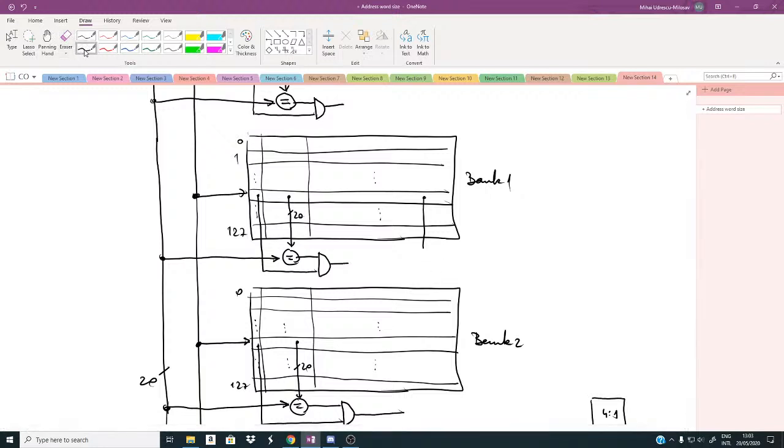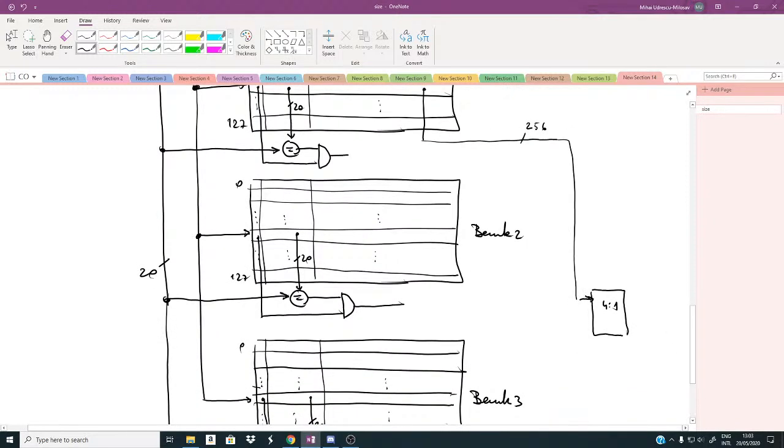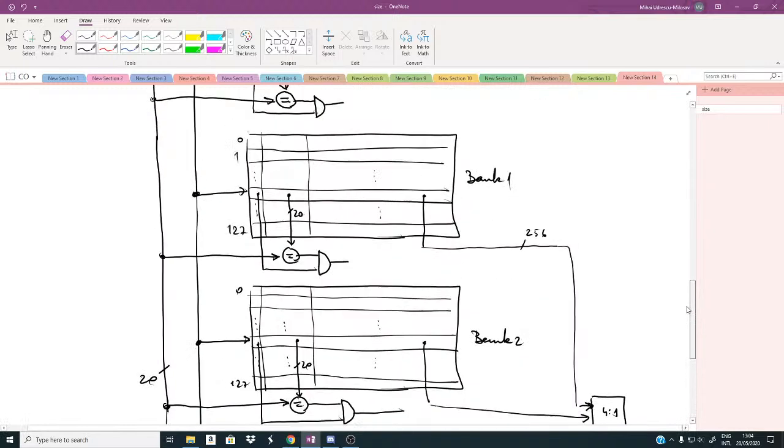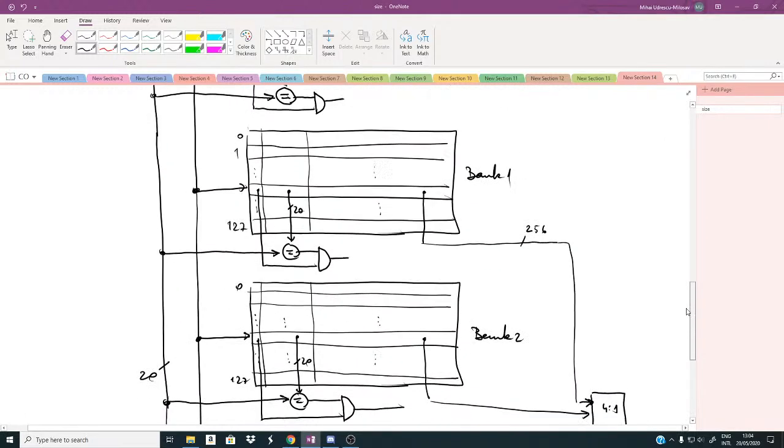Right? And to this end, I have these bundles of 256 bits, right? The entire block going here as well as here, right? Oh, I missed the first one.